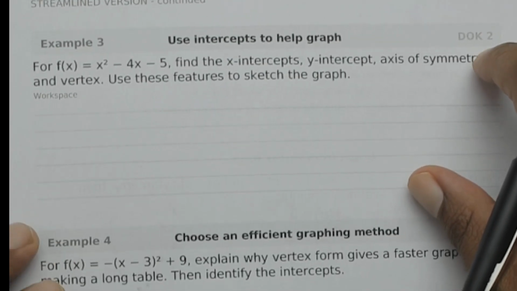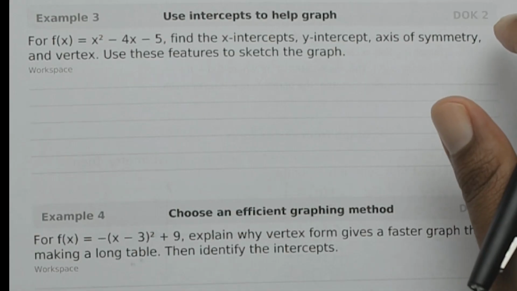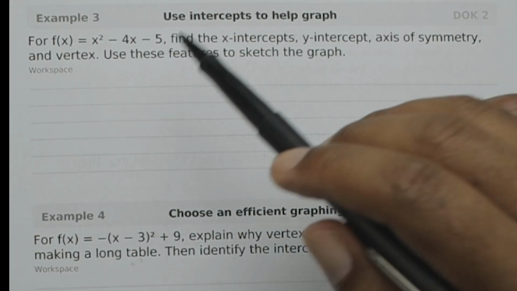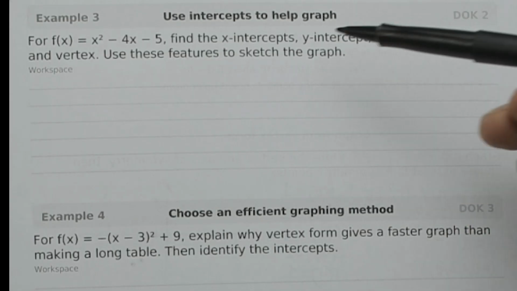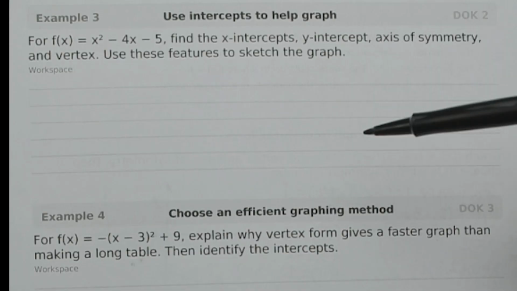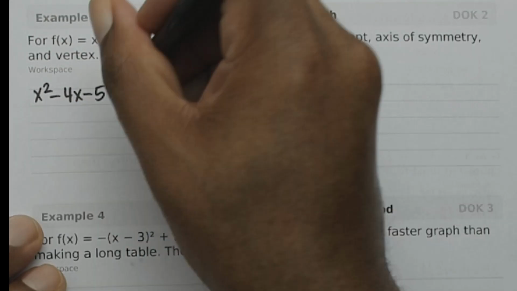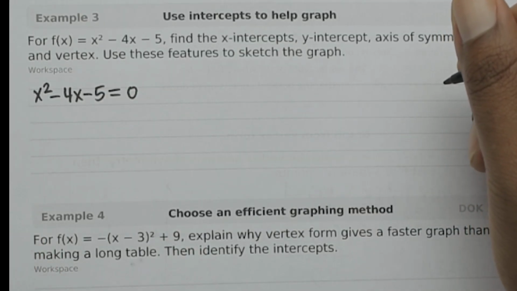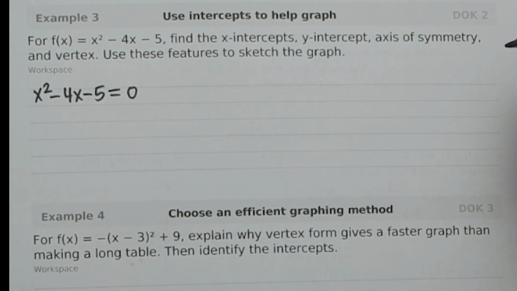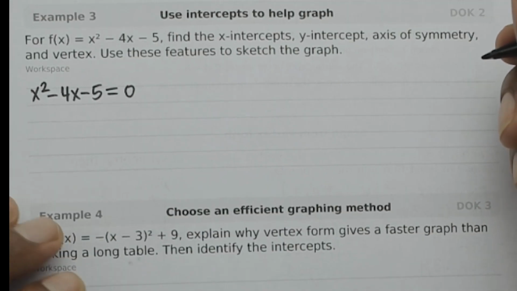Example number 3. For f of x equals x squared minus 4x minus 5, we're going to find these things here. So let's write, first of all, x squared minus 4x minus 5 equals 0, because we have to do this to find the x-intercepts.